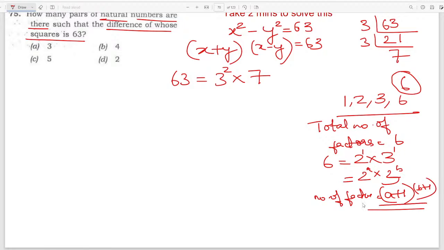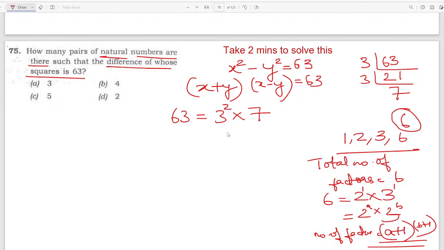This is the formula, and the prime factorization can be for any number. In this case, 63 is equal to 3 square into 7. So the number of factors would be 2 plus 1 into 1 plus 1, which is 3 into 2.